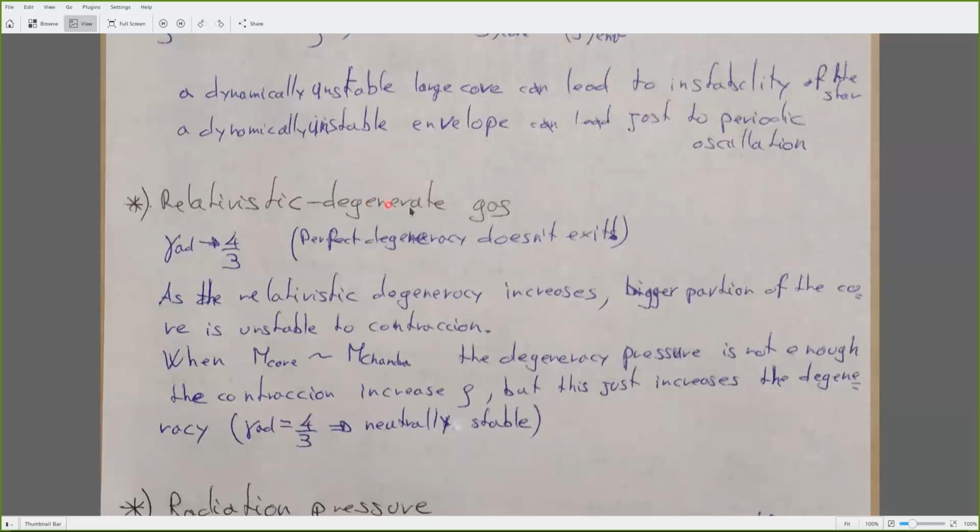Also, remember, usually the electrons are a degenerate gas, the ions are not, because if you just consider hydrogen, it is one proton. The proton has 2,000 times the mass of the electron, so it's definitely more complicated.